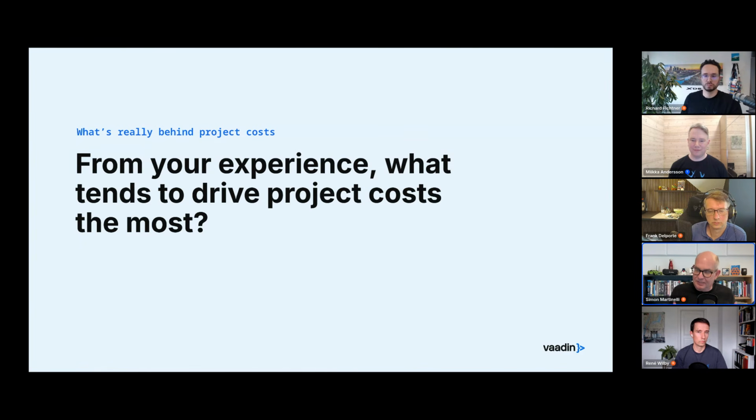They add new features, they change how we can do things, and that's something that could affect the cost. But usually, the cost of the project is really the people working on the project. So if you can reduce that and you can be faster, then you will be more cost efficient.